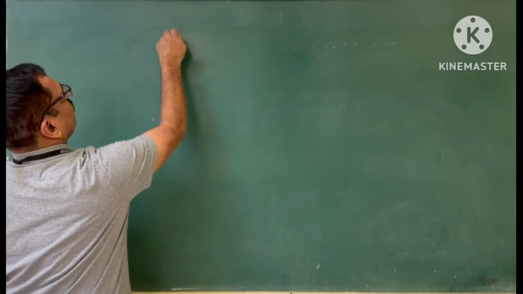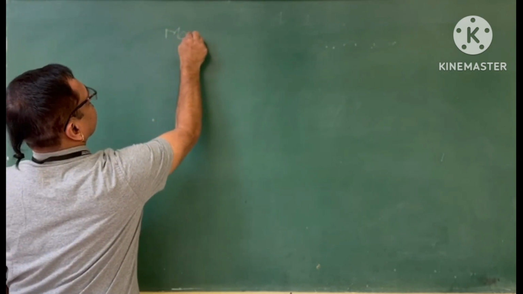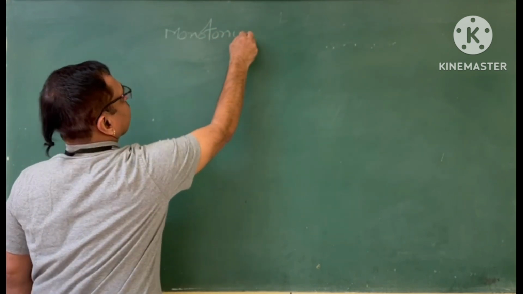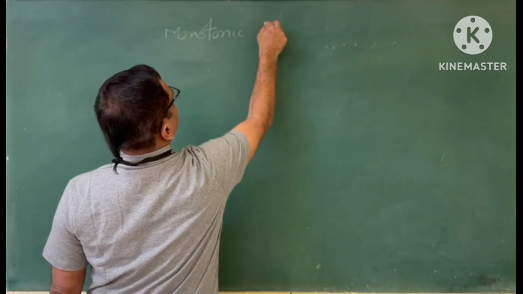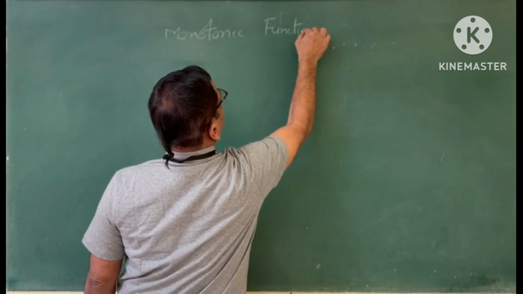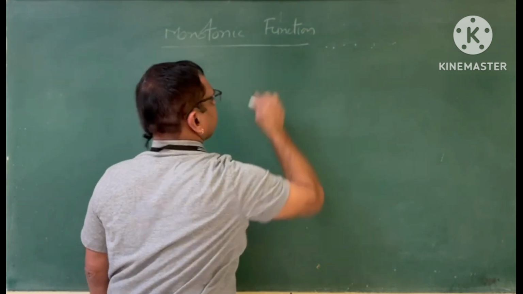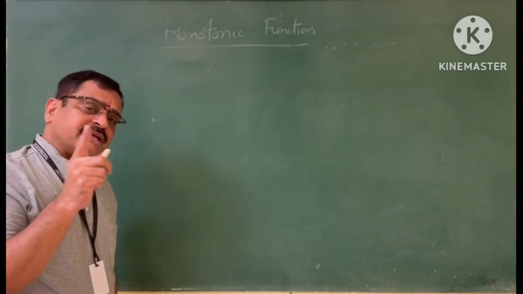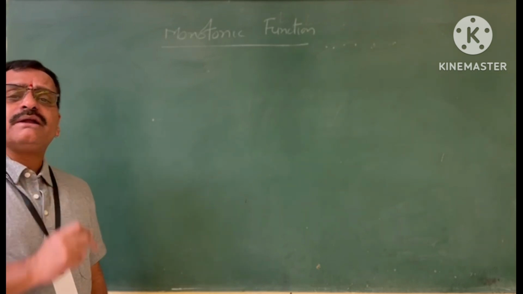Let's start with the monotonic function. A function is said to be a monotonic function if it is either an increasing function or a decreasing function.